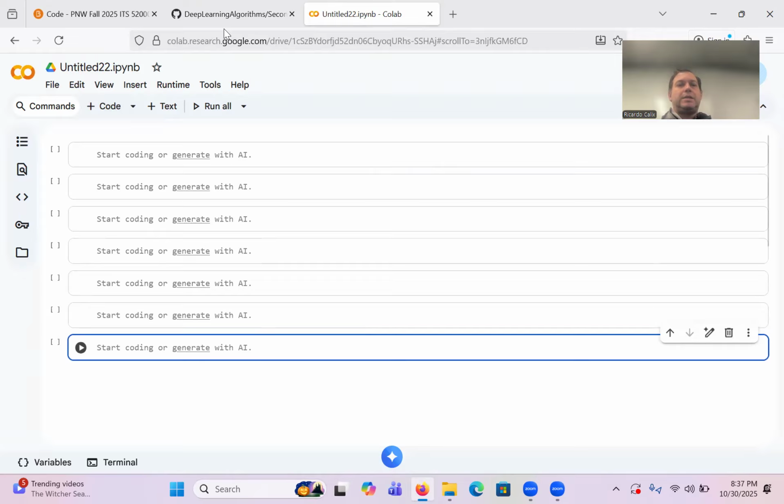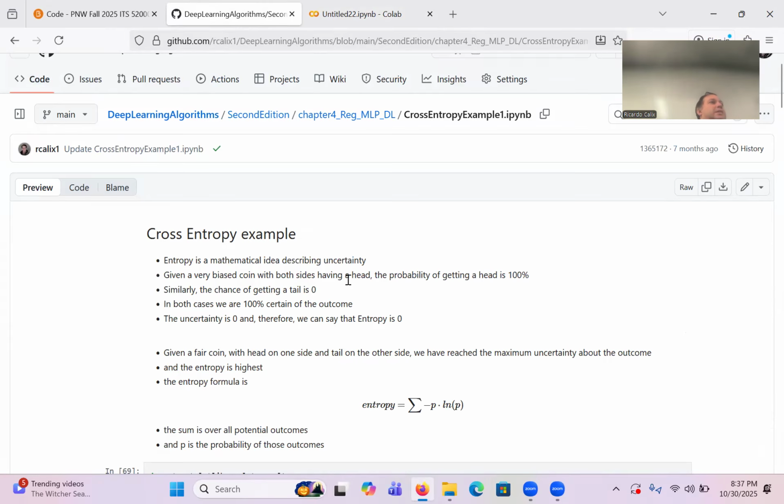Okay, so let's talk about cross entropy. What is cross entropy? If we focus on just the two main problems of machine learning, we have regression, which is to generate real valued numbers. For instance, predicting temperature: what is the temperature in Fahrenheit given Celsius? If it's 0, then it's 32, right?